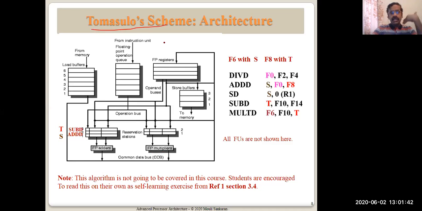This is the next level of scoreboarding. Scoreboarding doesn't have these features. Register renaming is not supported there. In scoreboarding, it was reading directly from the register set, whereas in Tomasulo scheme, it is reading from temporary locations, which are nothing but register renaming, from reservation stations, and they exchange the data using the common data bus.